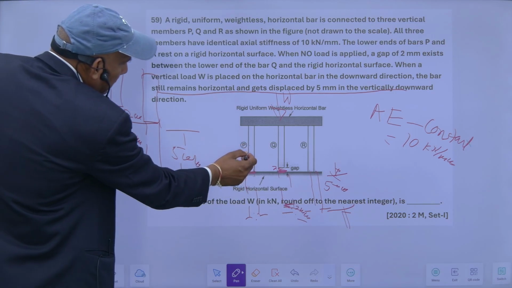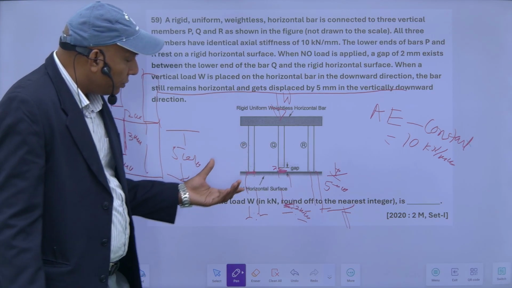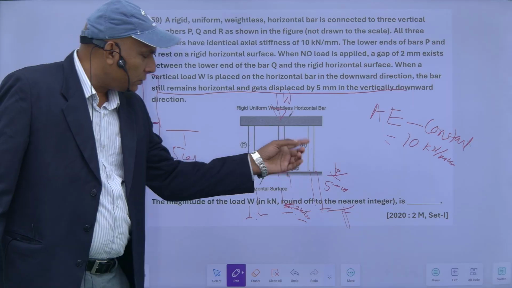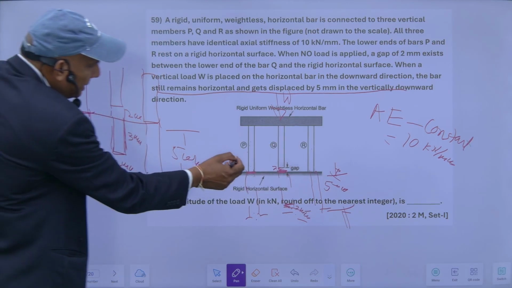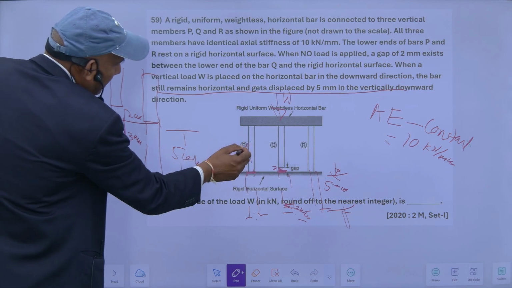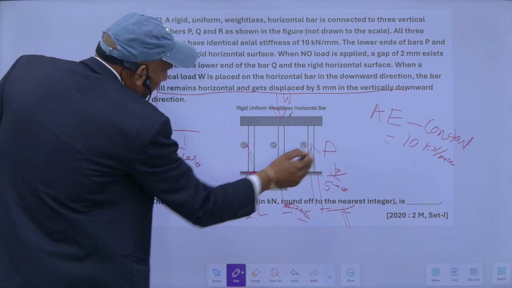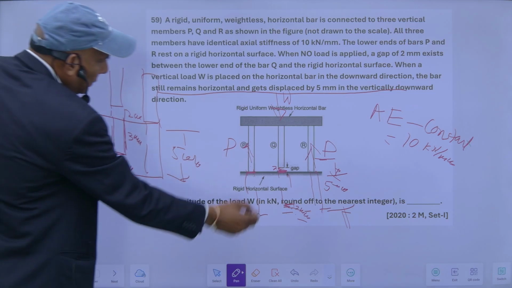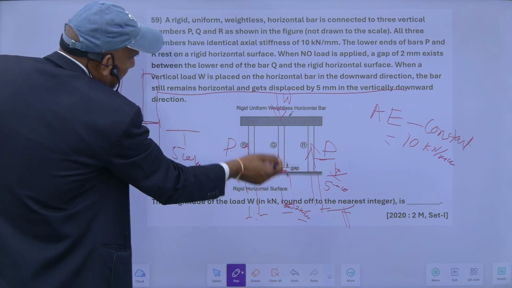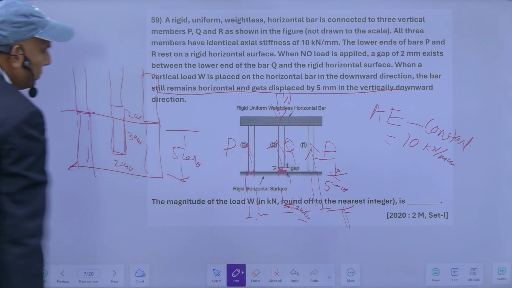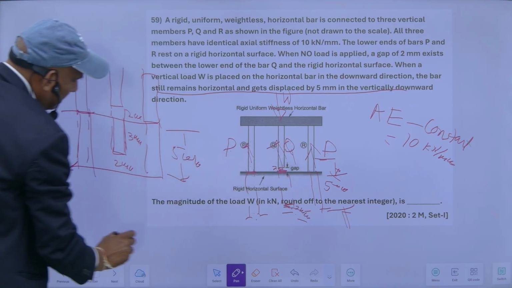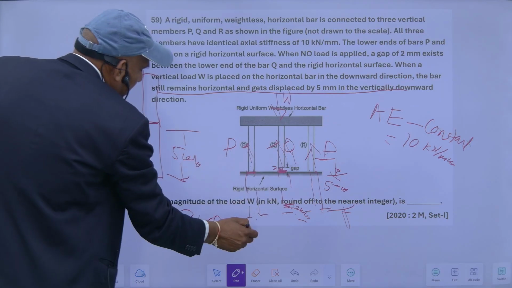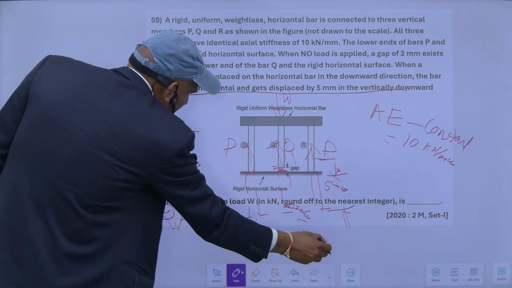One other thing is that due to symmetry the force in the outer bar will be the same. So P is equal to R. Suppose the force in this case is P. So in this case also it will be P. And this force plus this force plus this force, suppose this is Q. So P plus P plus Q means 2P plus Q should be equal to W. So this is my static equilibrium.